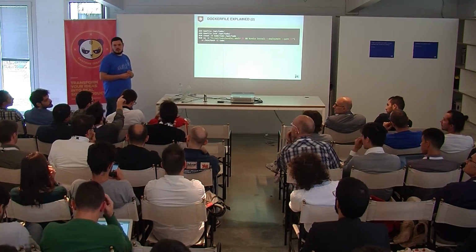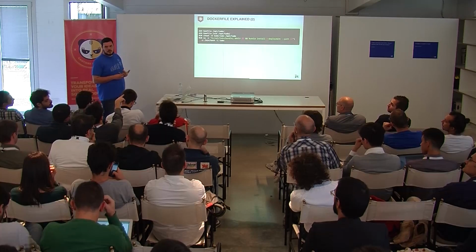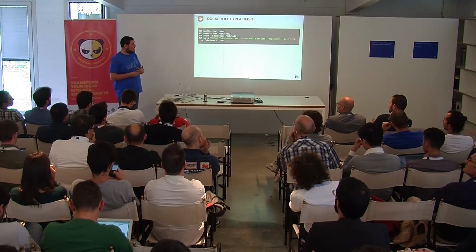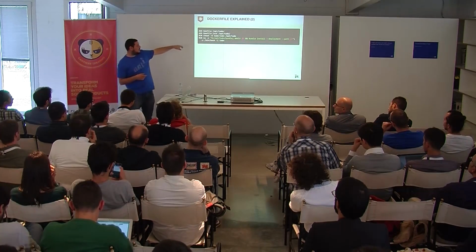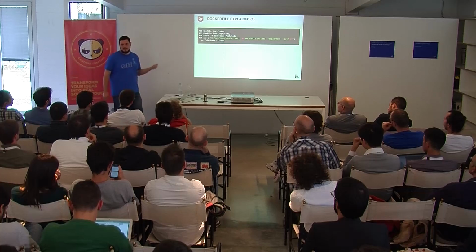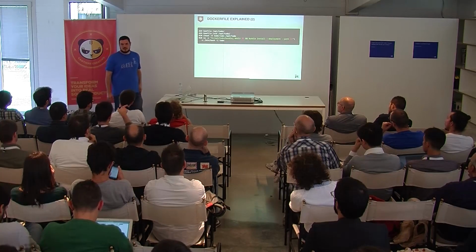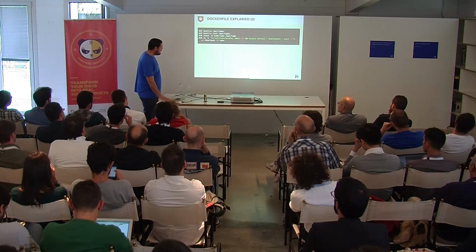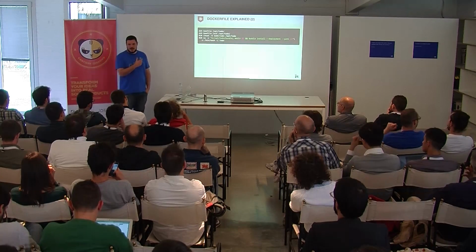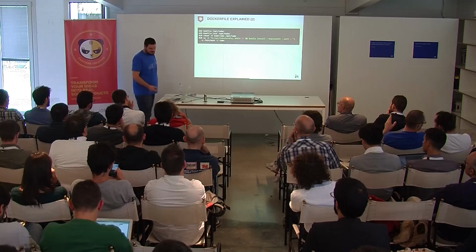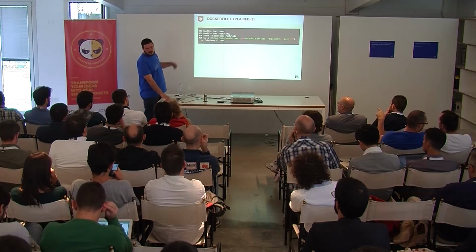Every run directive is run as root. That's why I use su, because I want to run bundle as the user todo. Every run directive is run as root inside the container, and the same for add.